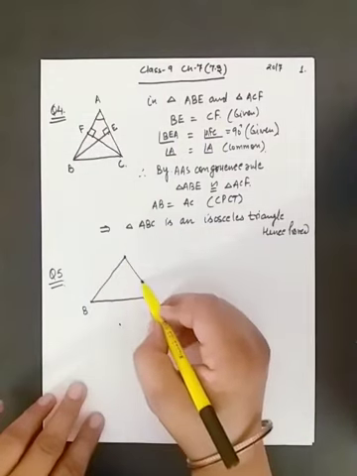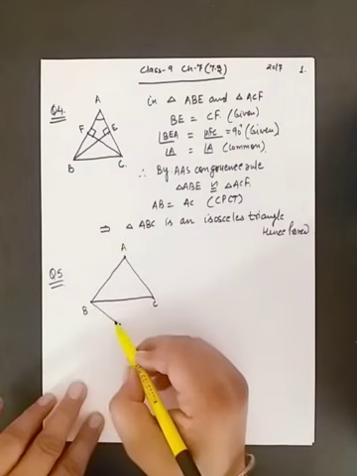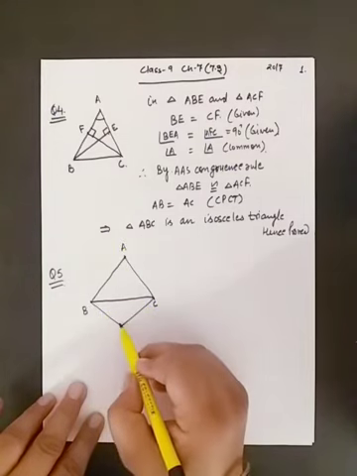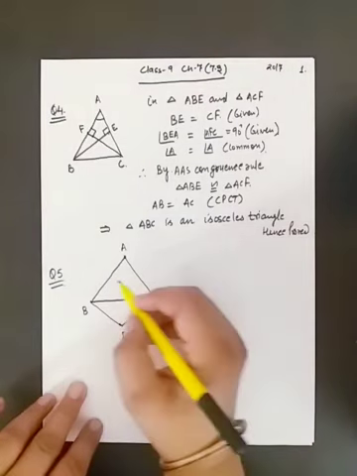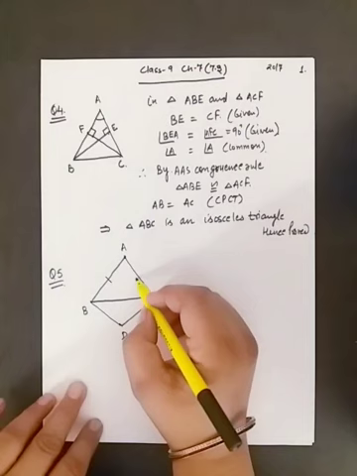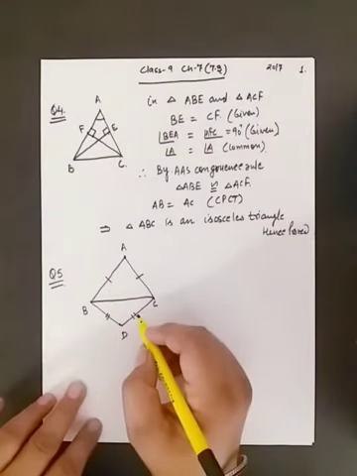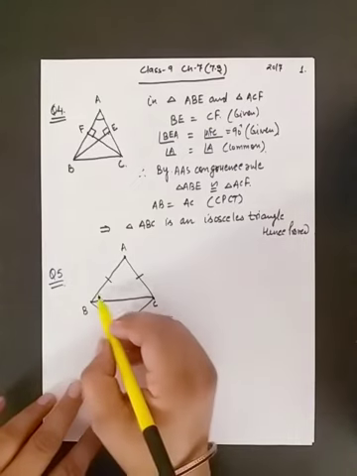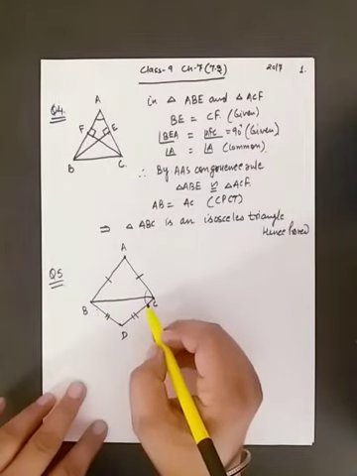On upper side there is triangle ABC, and on the lower side the triangle is BCD, and these are isosceles triangles, means AB is equal to AC and BD is equal to CD, and we have to show that angle ABD, this complete angle, is equal to angle ACD.